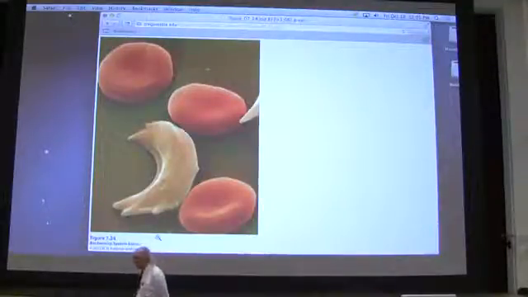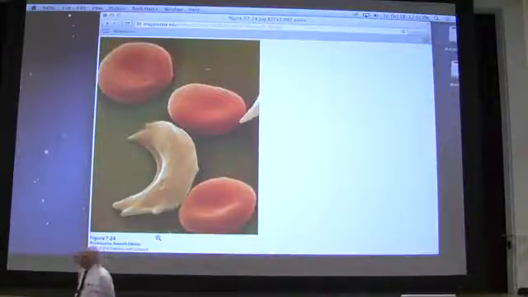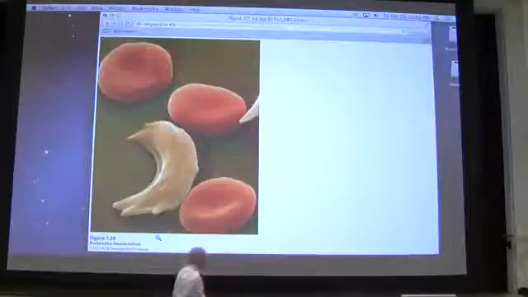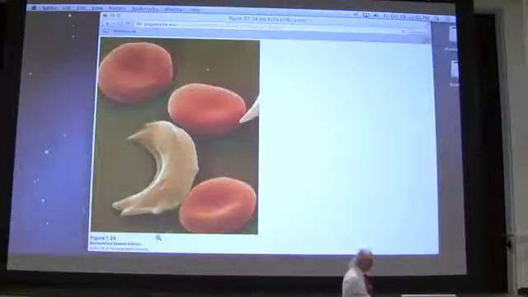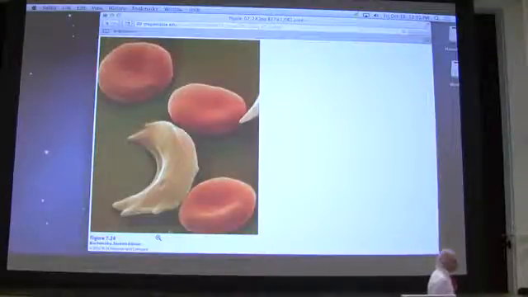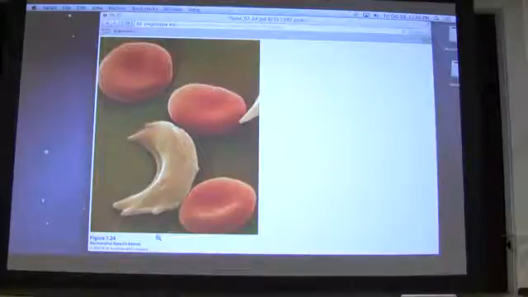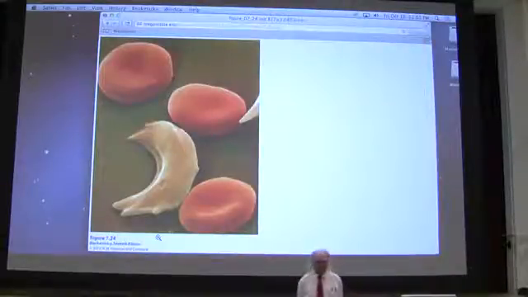A variety of different mutations in hemoglobin can give rise to it. The blood cell shown here in a yellowish color is a blood cell that would be found in an individual that has sickle cell anemia. And this sickle shape arises as a result of low oxygen concentration.